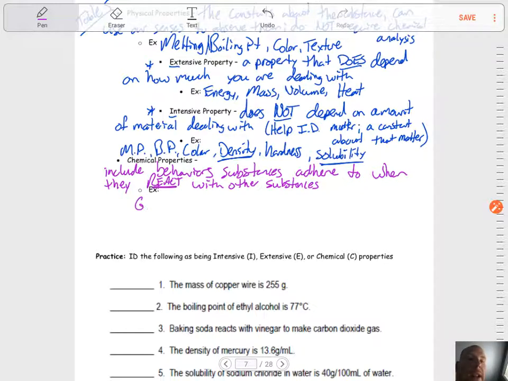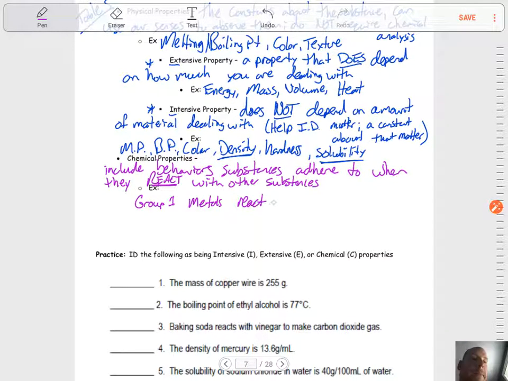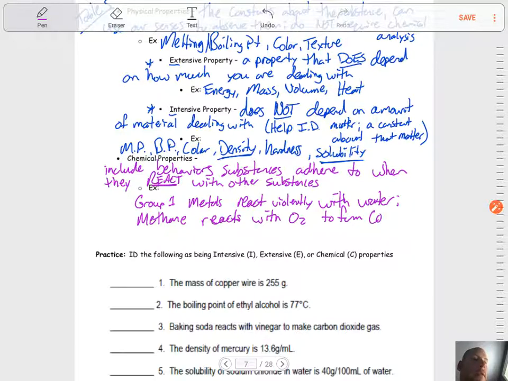An example would be group 1 metals, which you're probably wondering what in the world those are. We'll talk about them later in the year, but group 1 metals react violently with water. I'll show you a video when we get there. Methane, you've probably heard of the term methane, reacts with oxygen to form CO2 and water.